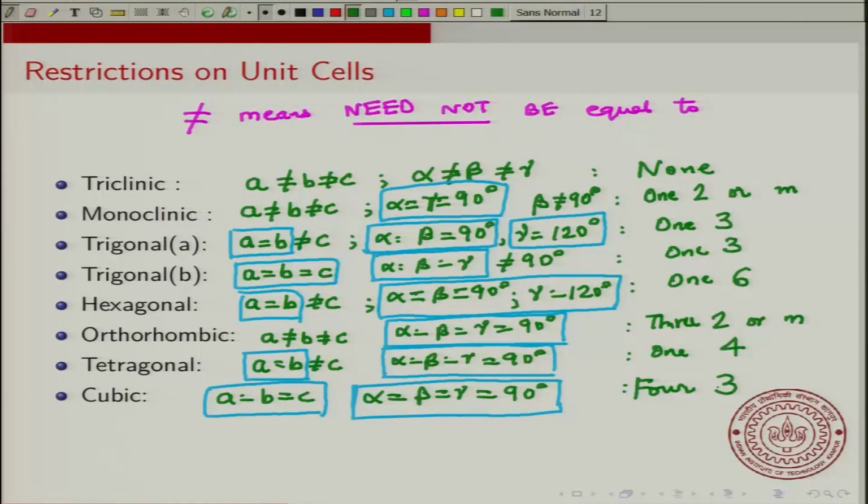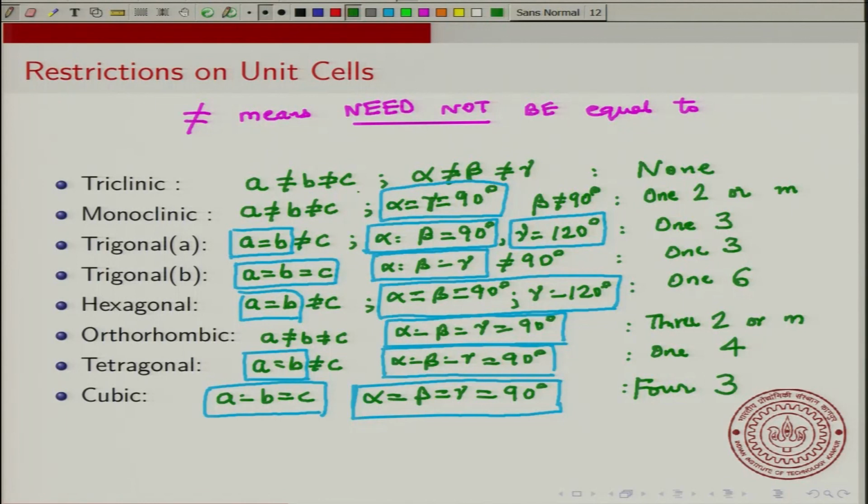So this is a way to understand how the restrictions on the unit cell shape arise for different systems. Now, again what is important is that only the restrictions are important. The not equal to sign that you see in all these relations means it need not be equal to, it can be or it may not be.